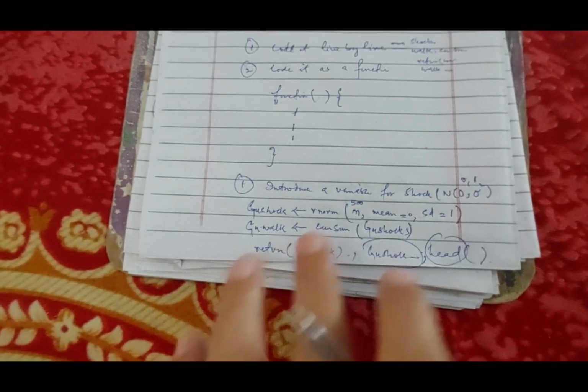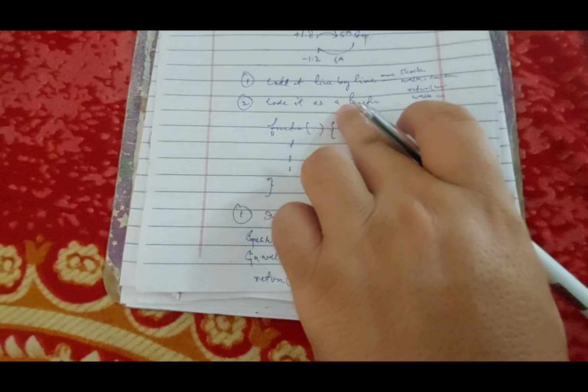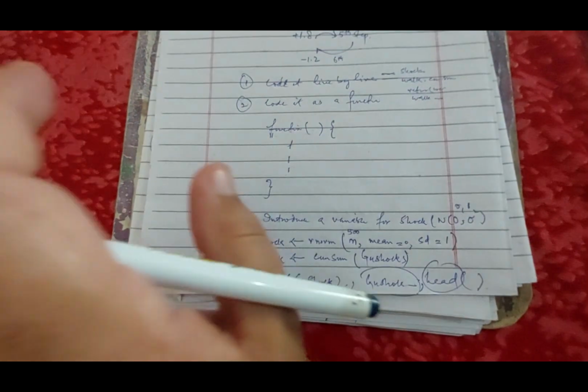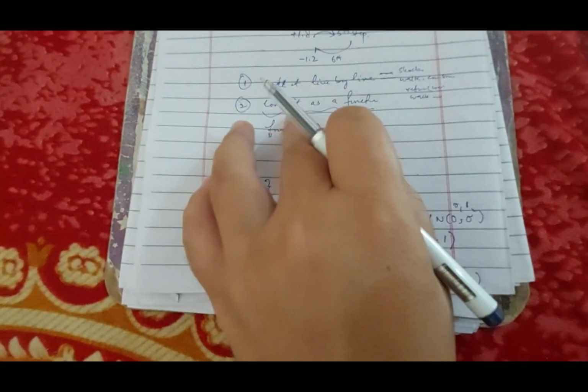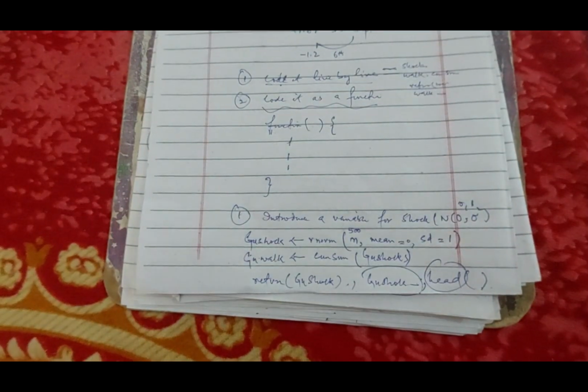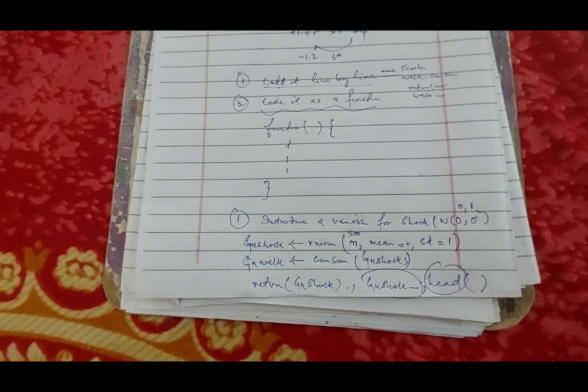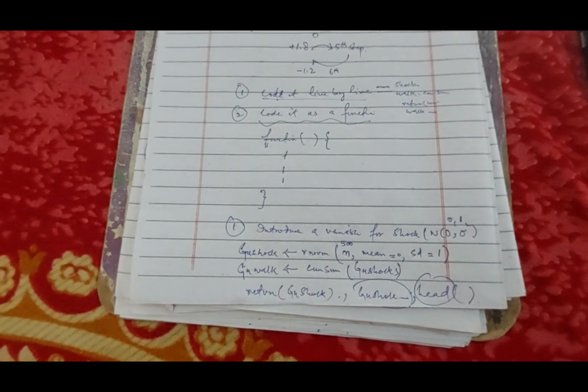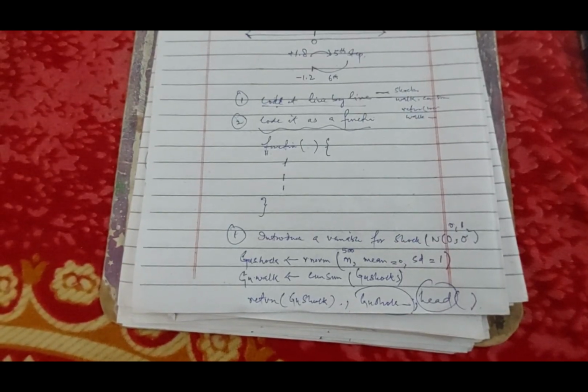So let's first do it this way, and then we will code it as a function also. The first problem can also be done as a function, but I just did it line by line. I have sent you the file. So now let's code it.